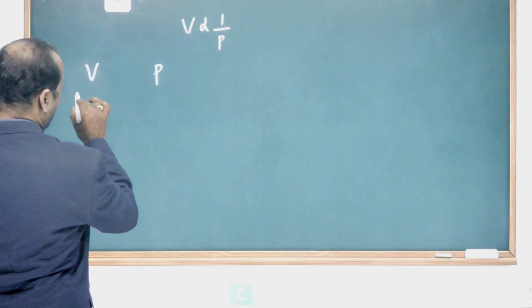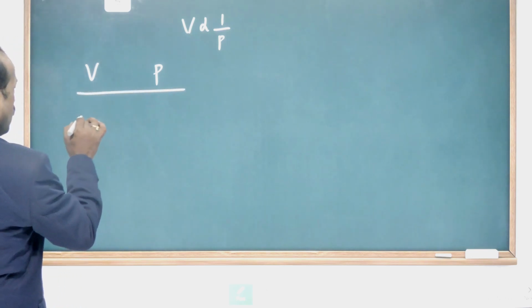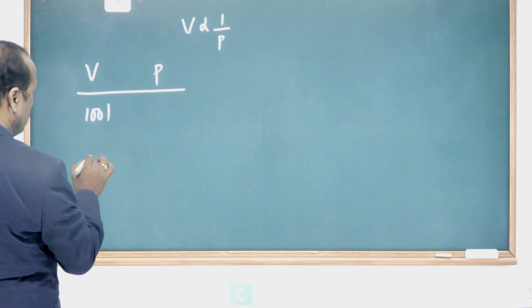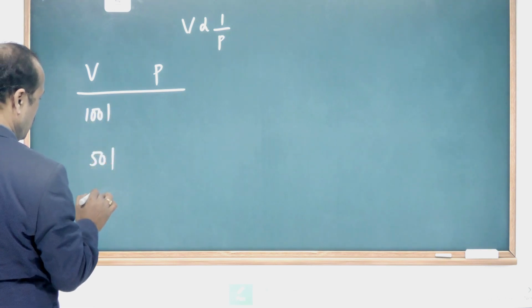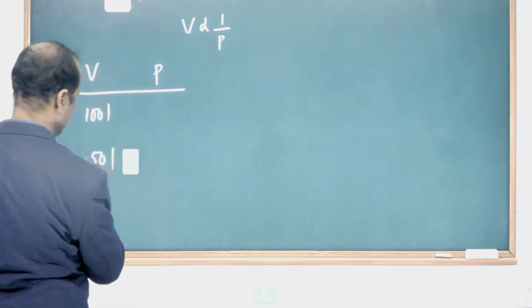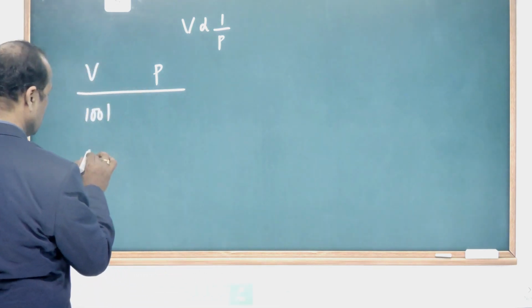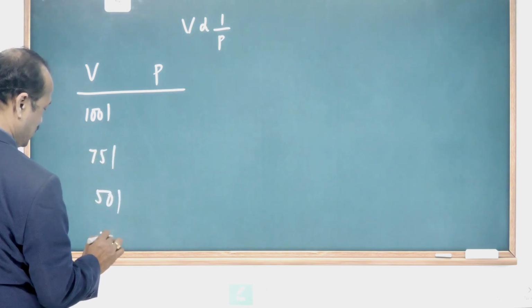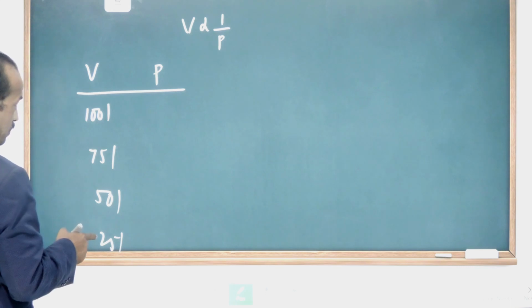Say volume is 100 liters, then we take 75 liters, then 50 liters and 25 liters like this. So volume is decreasing, okay.